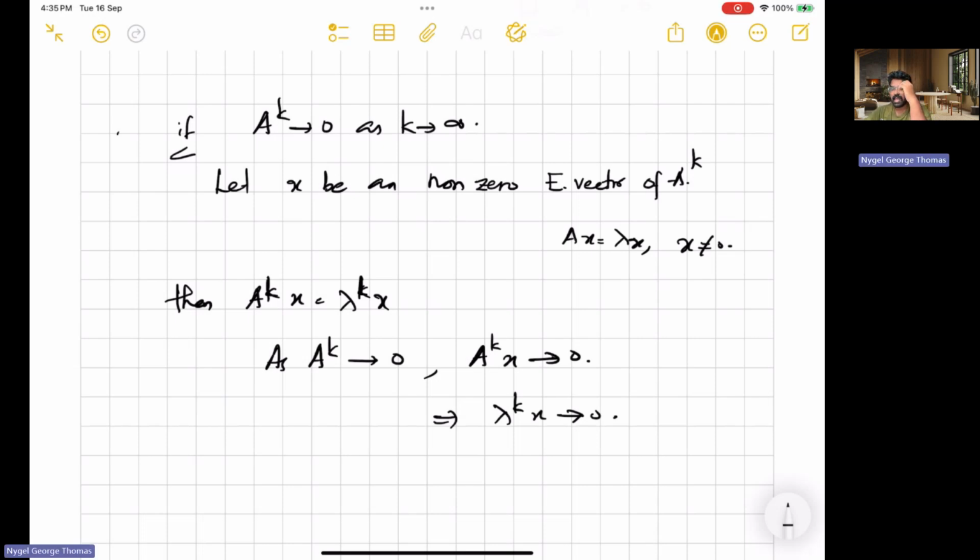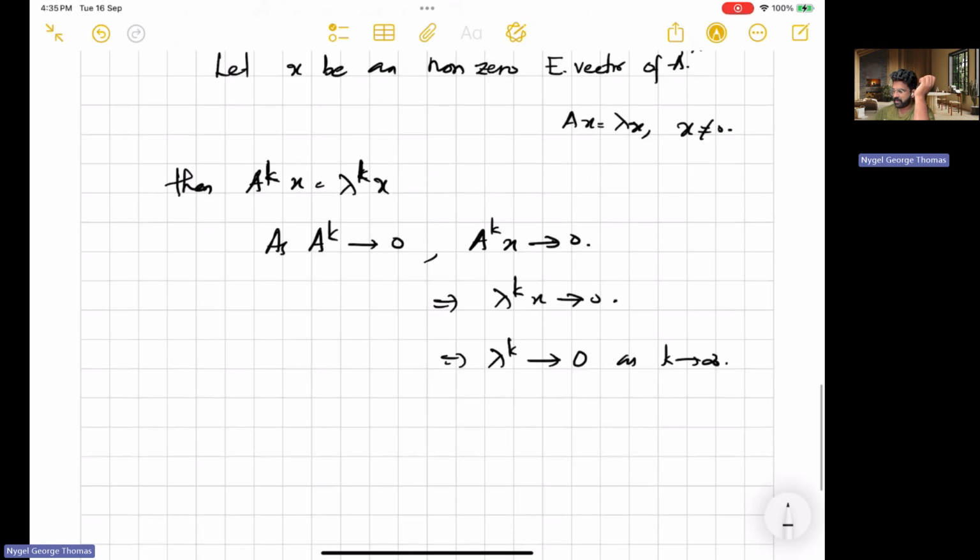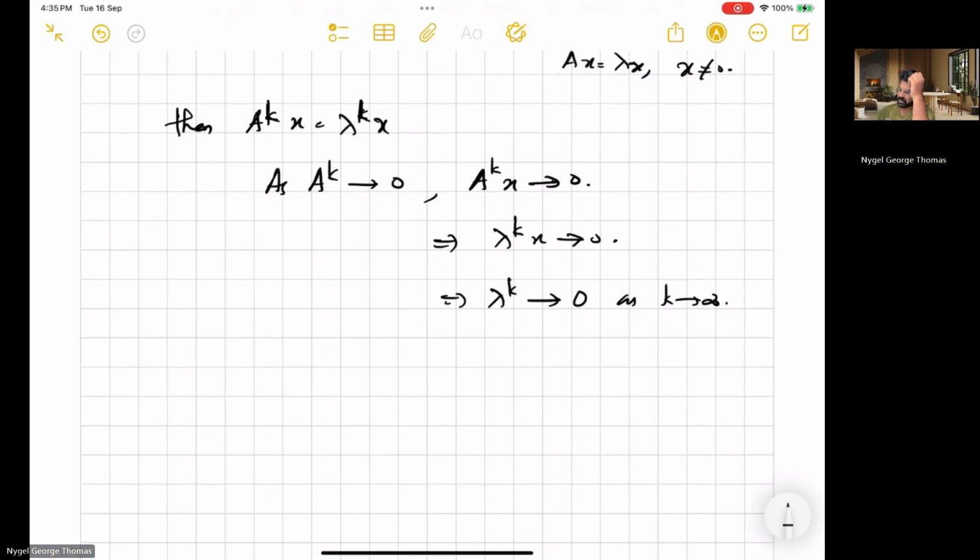And this implies lambda raised to k tends to 0 as k tends to infinity. So we have a quantity that tends to 0 as k tends to infinity. This happens if, and only if, modulus of lambda is less than 1.